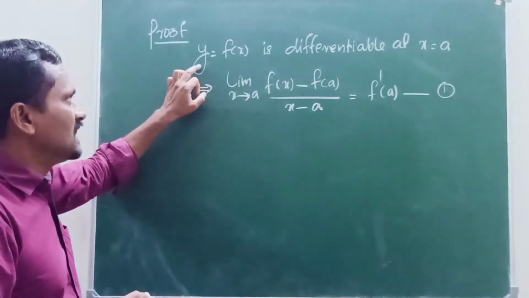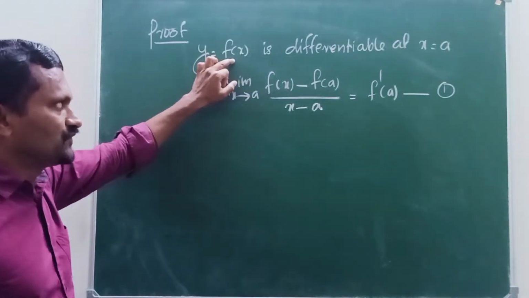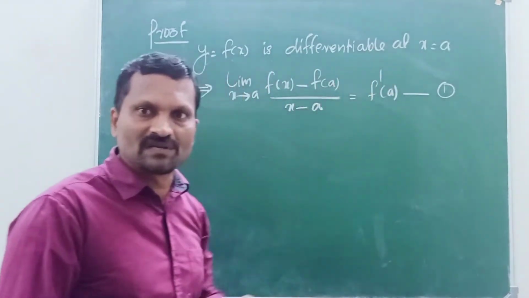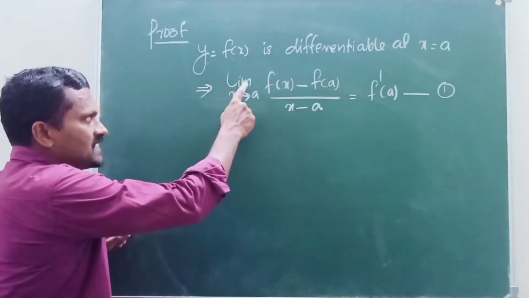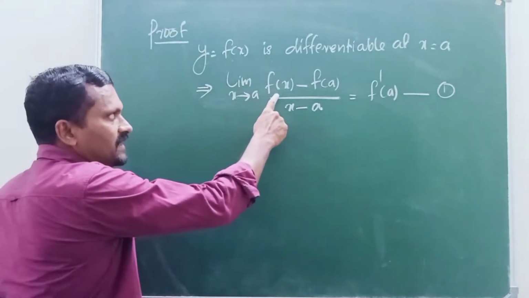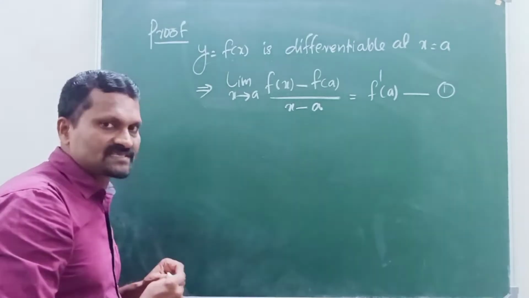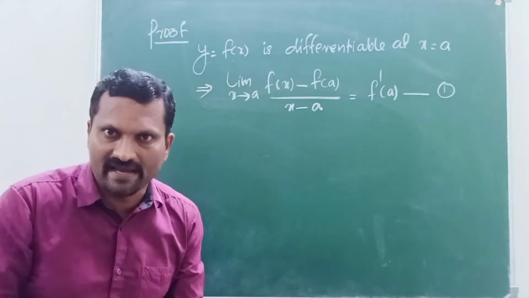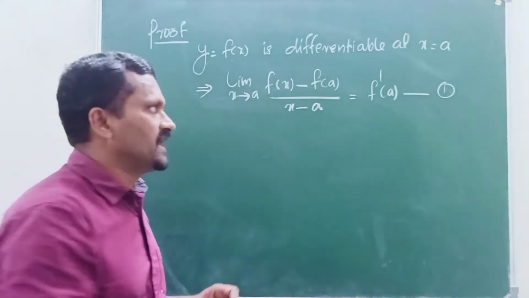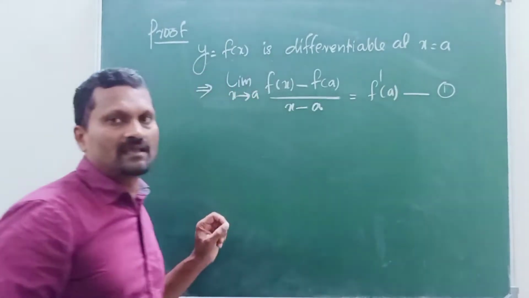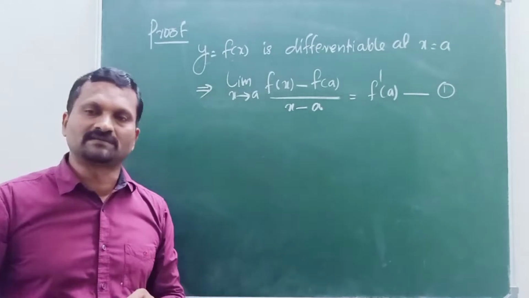For this, let y equal to f of x be a differentiable function at x equal to a, which implies limit x tends to a of (f of x minus f of a) divided by (x minus a) exists and is finite. This definite value can be taken as f dash a, and consider it as equation 1.